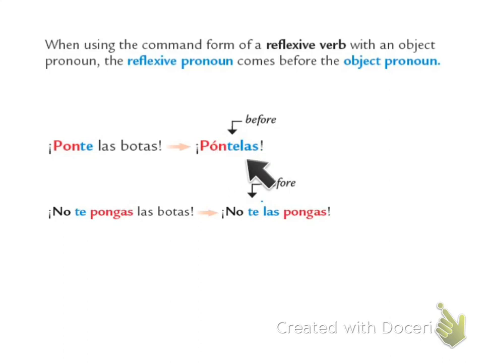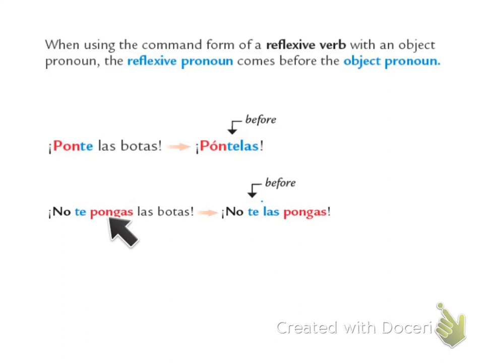So you put them on yourself is basically what the te refers to. This is a common place to make errors. Positive tú commands that are reflexive, like ponerse, lavarse, despertarse, all of those are going to use the heck out of the pronoun te, right? Unless you make an usted command.